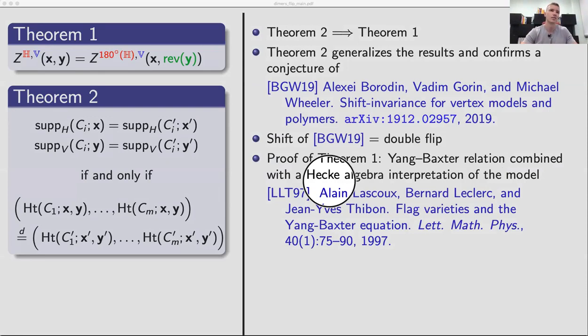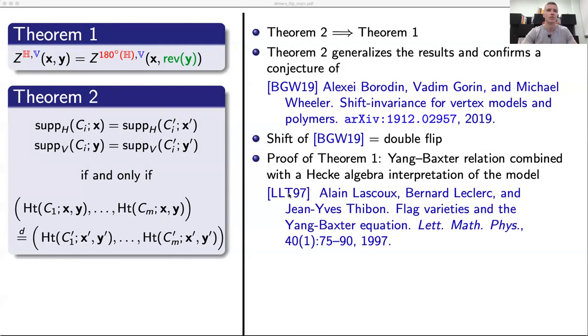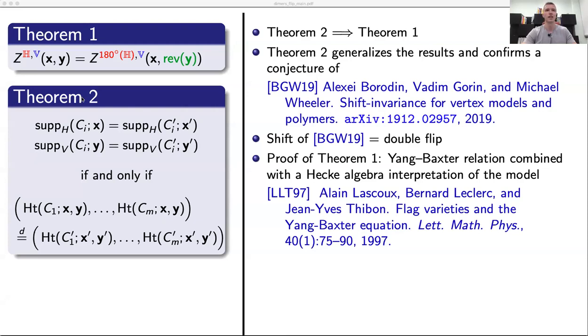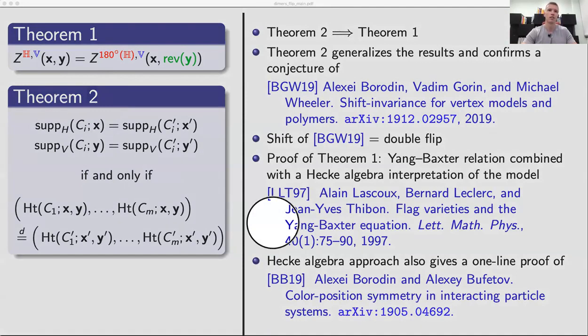And in fact, in this interpretation, the probabilities of the six-vertex model are coefficients of a certain basis of the Hecke algebra called the Yang-Baxter basis, introduced in the LLT 97 paper. So that's one application of the Hecke algebra. The proof of Theorem 2 is pretty long and technical, and it relies on the Hecke algebra computations a lot as well.